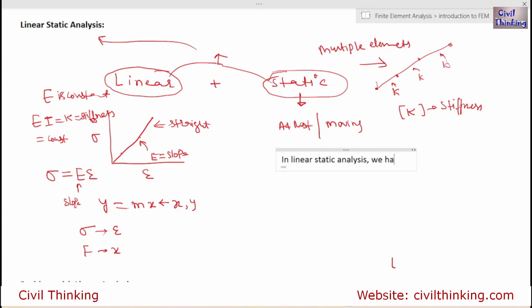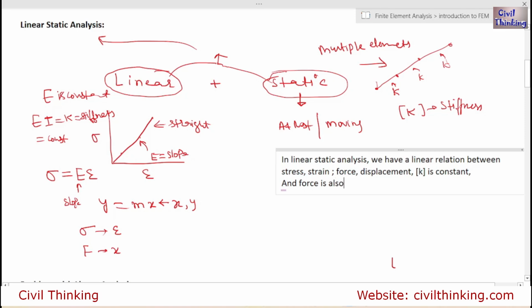we have a linear relation between stress and strain, or force and displacement. Also the stiffness matrix K is constant, and force is also static, meaning force is not a function of time.